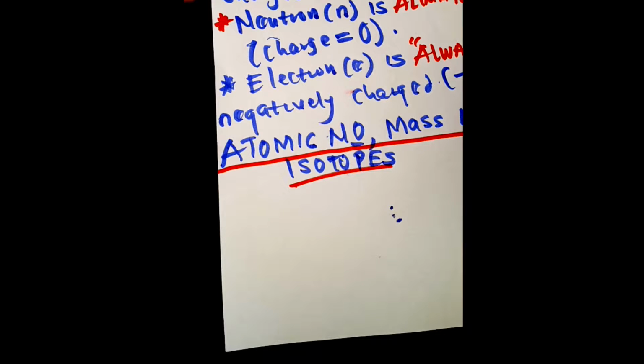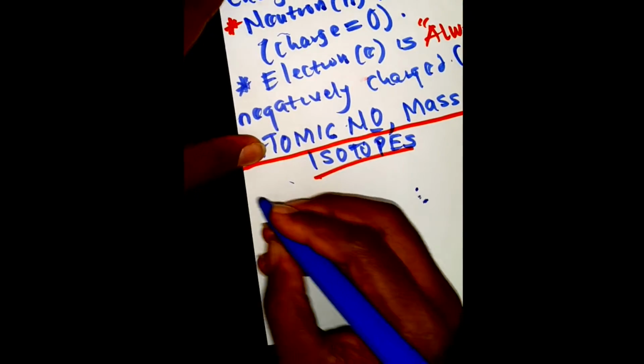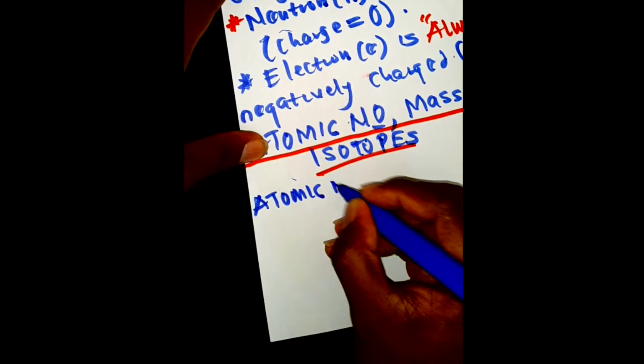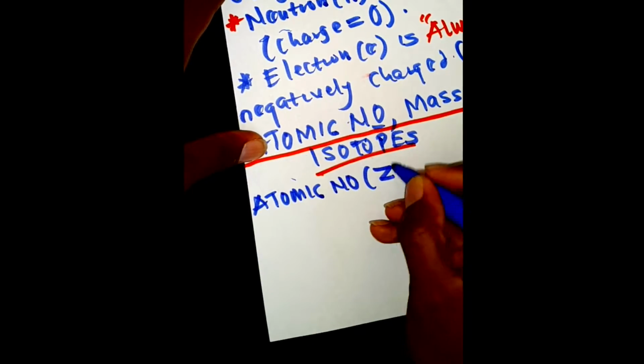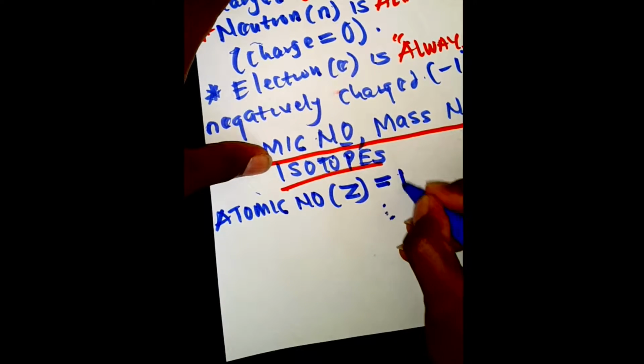If we have 10 protons in the nucleus, that means the atomic number is equal to the number of protons in that nucleus. What do I mean by that? The atomic number, let's call that Z, is always equal to protons.